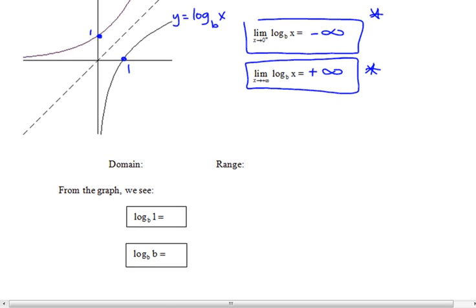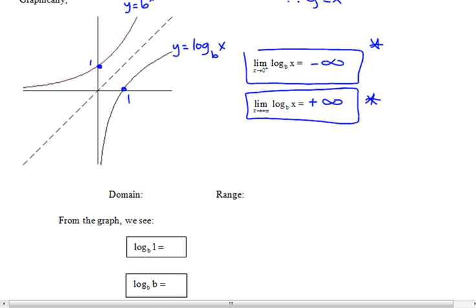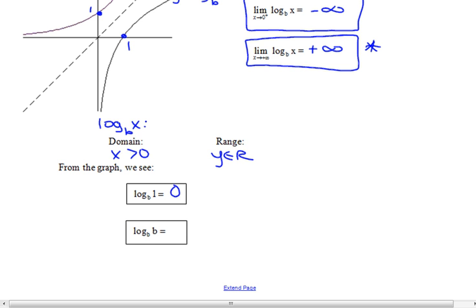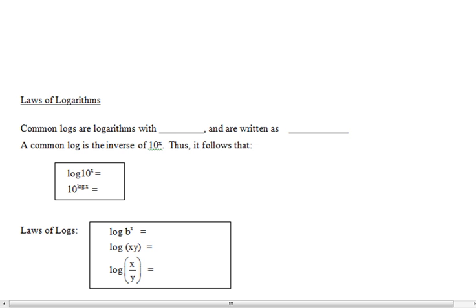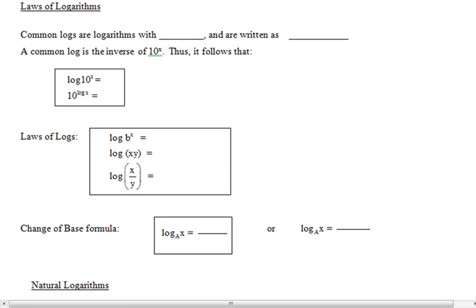What's the domain of the log function? x is greater than 0, and the range is all real numbers. We just talked about these already.